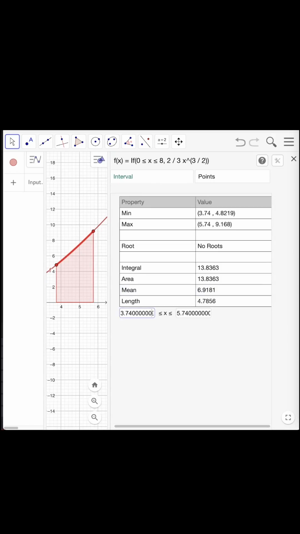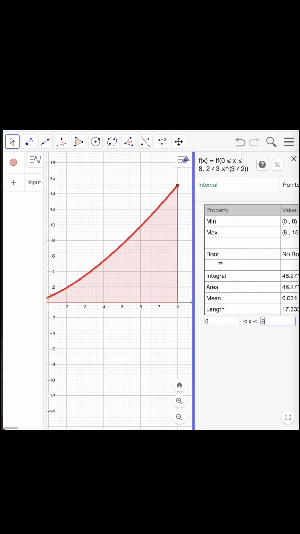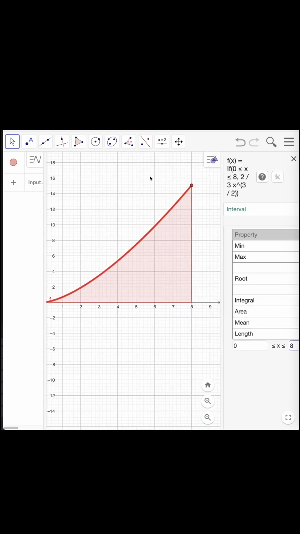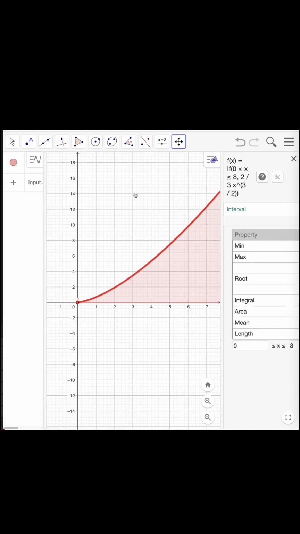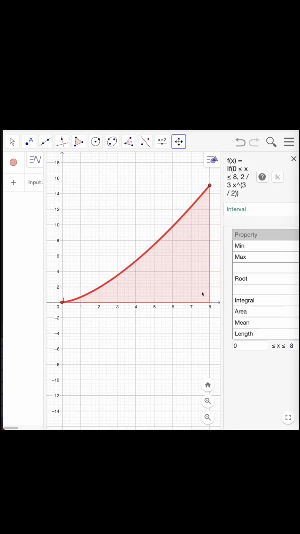So let me try to type 0 there, and then 8 here, and then press enter. And then you see that the length is now calculated. I don't know why my computer is a little bit slow now, but anyway. So this is the arc length that we calculated, the length of this bold red line.